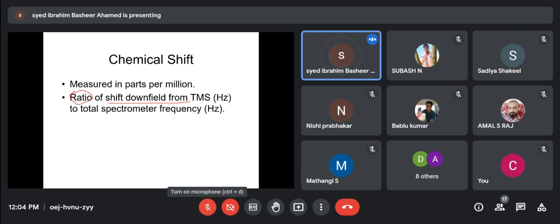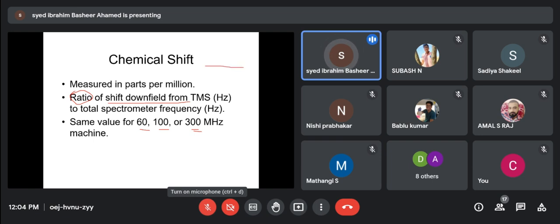Okay, it is a ratio of shift downfield from TMS to the total spectrometer frequency. So we can use a spectrometer frequency of 60 megahertz, 100 megahertz, 300 megahertz.